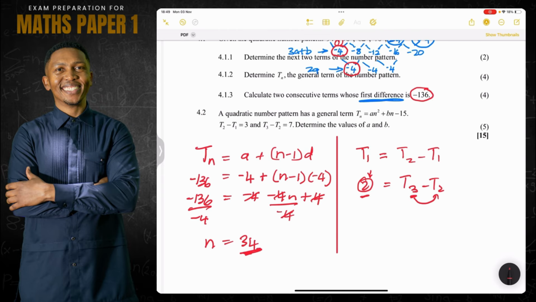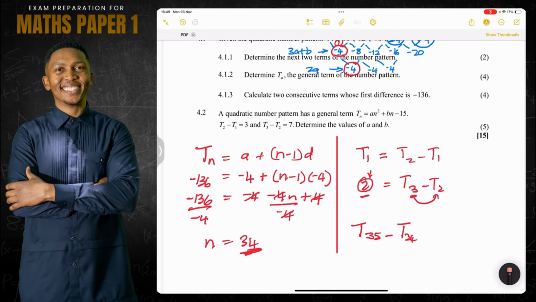So if n is 34 in our arithmetic sequence, then it means we have taken the difference between the 35th term minus the 34th term. So they wanted to know, calculate the two consecutive numbers whose first difference is negative 136.